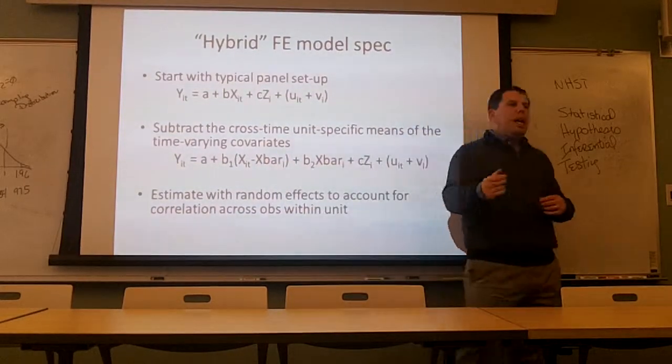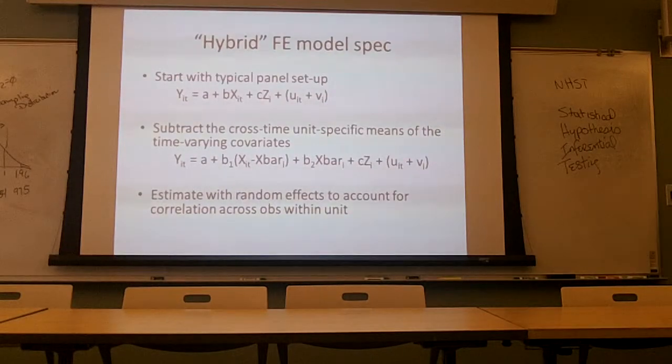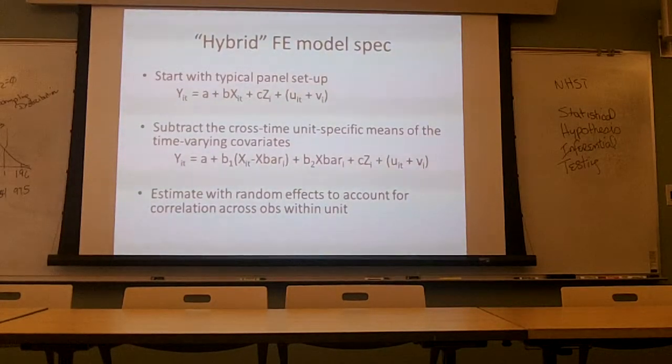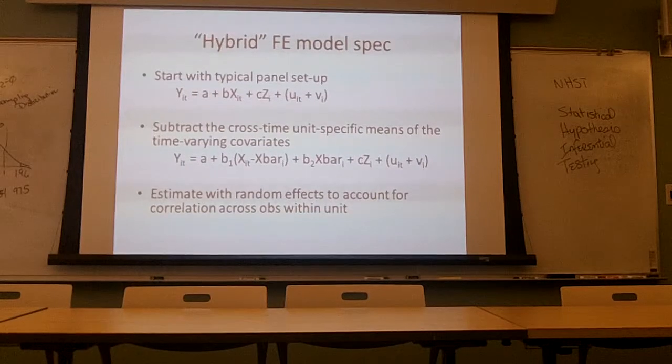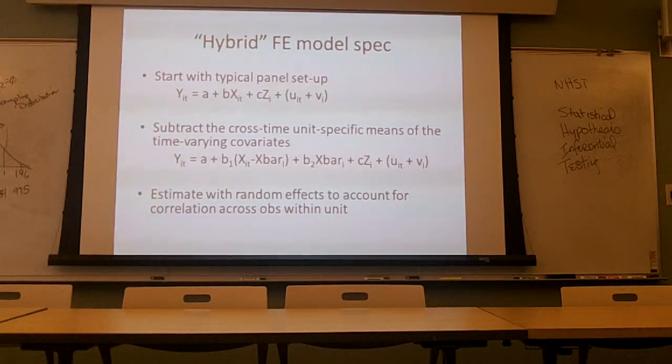You can't cherry pick, or you're not getting the full benefit. The right way to do it is to control for all the means of all time-varying or within-unit-varying characteristics. And then you probably want to do a random effects model to account for the correlation across observations within a unit.